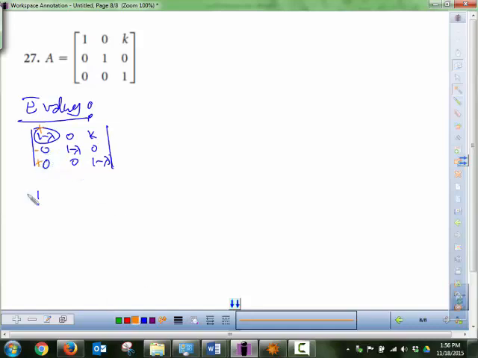And they're all zeros, so those signs are not going to make a difference, but I should write it down anyways. I got 1 minus lambda, and then I cross that out. And then I find the determinant of this 2 by 2 matrix, which is just itself.